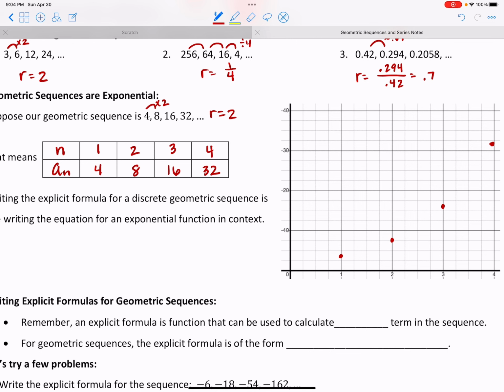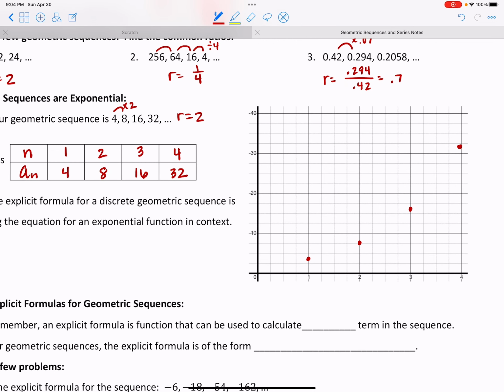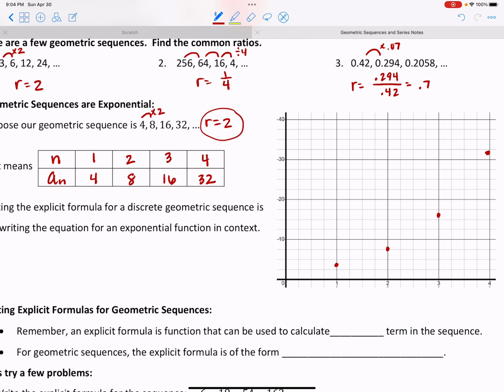And what we would see, again, not a connection of these points, but if we are continually doubling our outputs, we're going to start to see this thing take off and grow really quickly, which is exactly the behavior we see in an exponential function, with a growth factor of 2 from one output to the next.